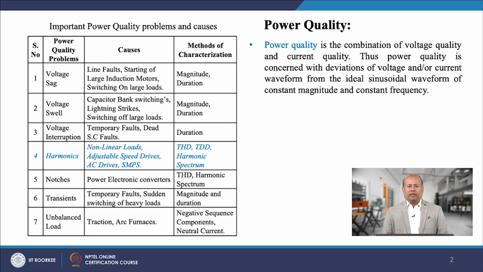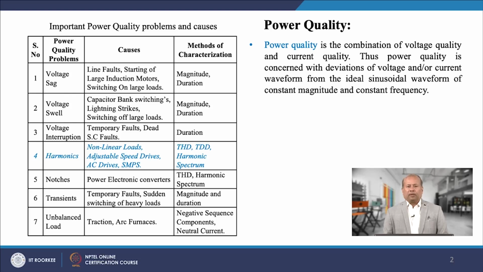Power quality is the combination of voltage quality and current quality. It is mainly concerned with the deviation of voltage and/or current waveform from the ideal expected sinusoidal waveform. There are various power quality issues and problems, and among these the important problems, their causes and methods of characterization are listed in the table.